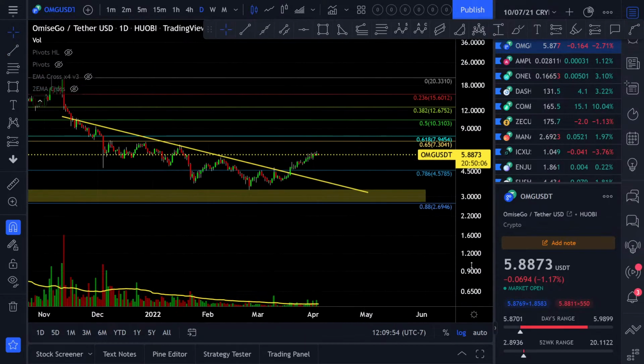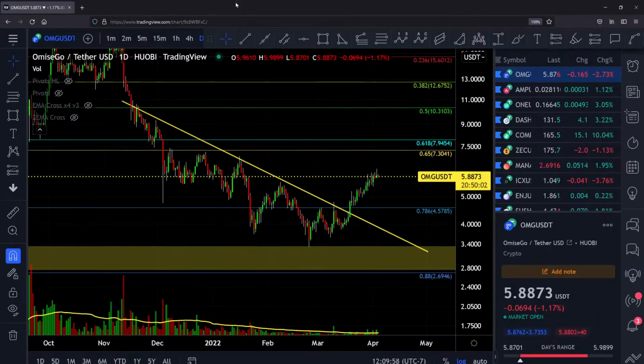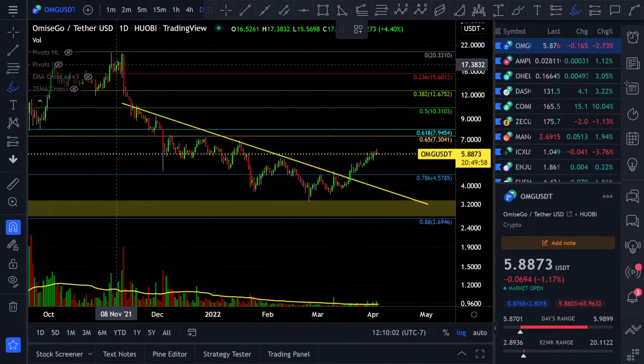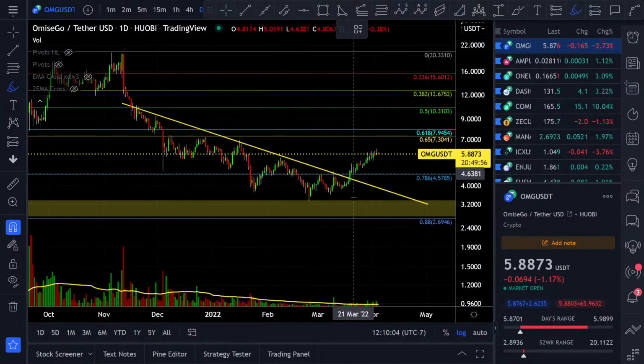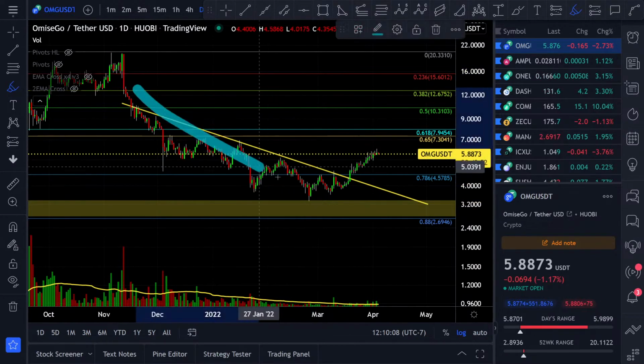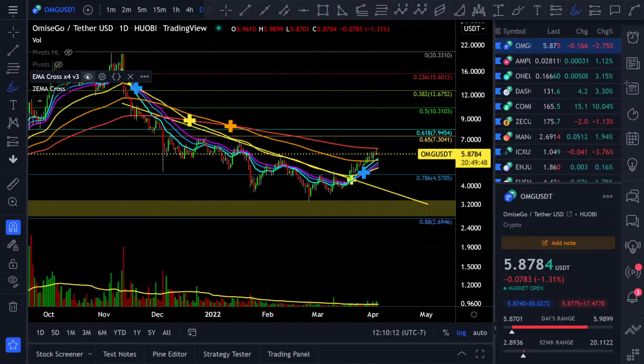Even if you turn everything off, which I won't, you can see the trend. What is the trend right here from November to March? It's downtrending. This thing is going down. You just draw an arrow. It's downtrending. The EMAs confirm that.